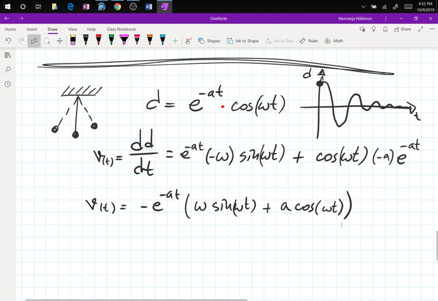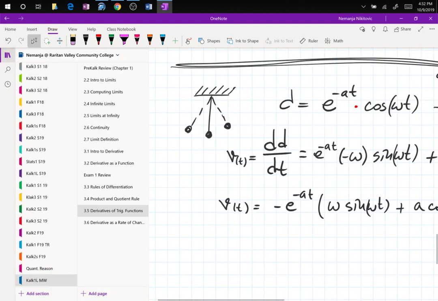All of those describe where the object is. V describes how fast it's going for a given time, and acceleration, obviously, is the acceleration at the given time. So if I have a specific case, I just plug in the numbers and compute, and we are all done. Now, we are not going to work on this example.